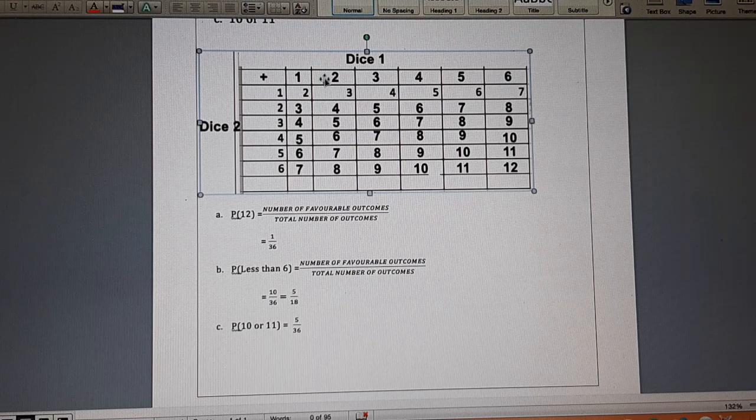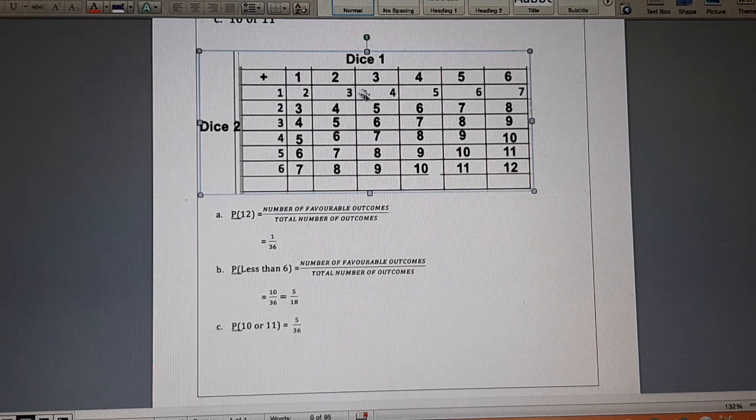Now if dice 1 has 2 at the top and dice 2 has 1 at the top, then the addition of these two scores, 1 plus 2, will give you 3. The next possibility is that dice 1 may have 3 at the top, while dice 2 still has 1 at the top. So 1 plus 3 will give you 4.